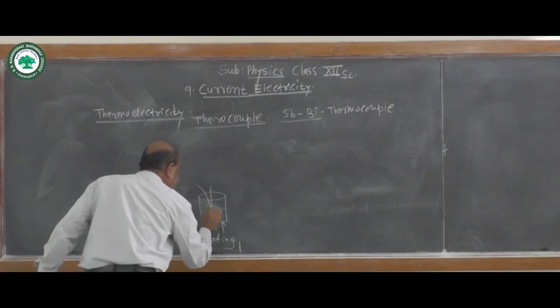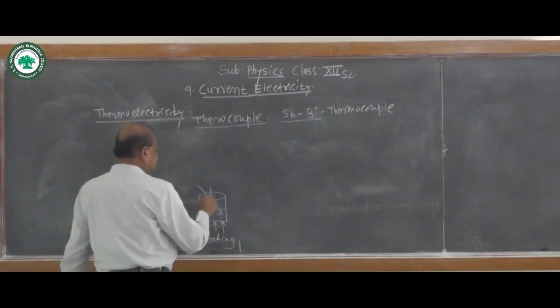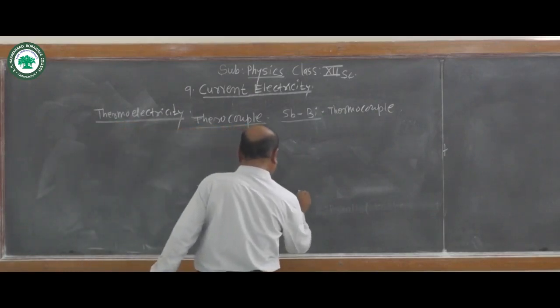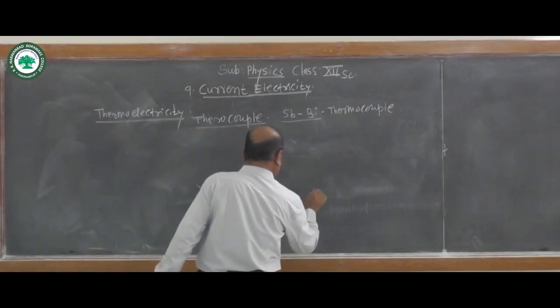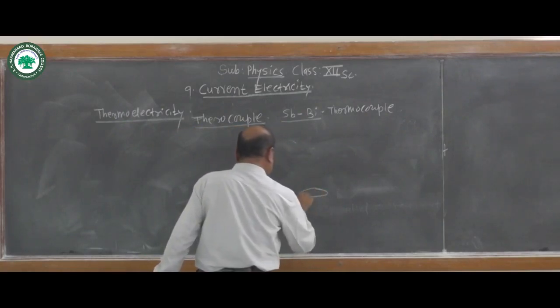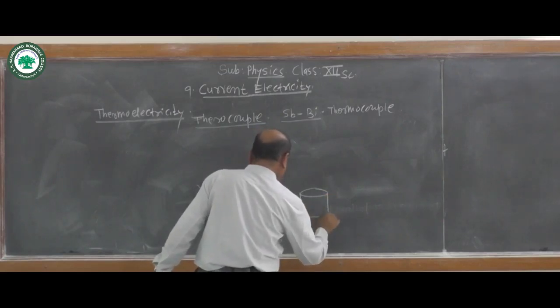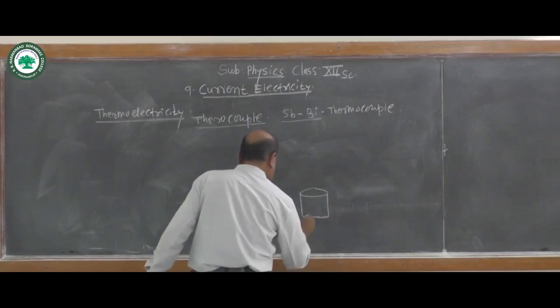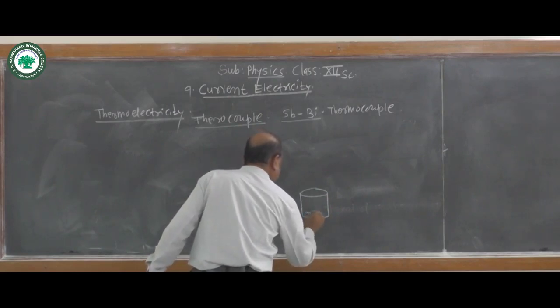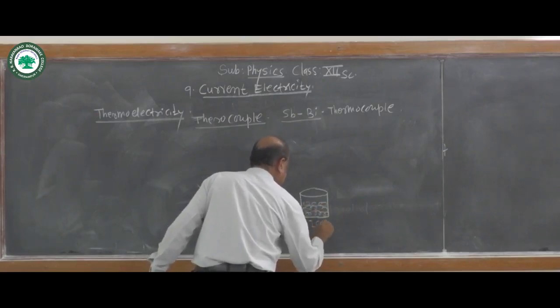This is the junction between two dissimilar metals. Here we consider another container, which is filled with ice.